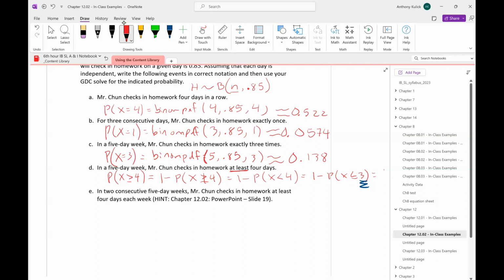Will help. Okay. So let's do a 5-day week, checks in homework at least 4 days. So read part D. That part sounds like the same problem, right?